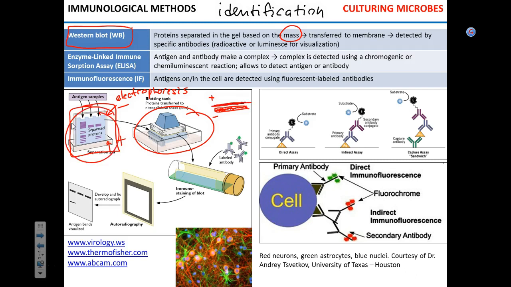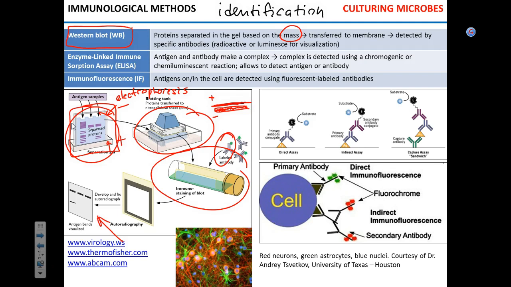Does that make sense? You place this membrane in the solution of labeled antibodies. These labeled antibodies will produce the light. Well, usually it's fluorescence or chemiluminescence. And once you're done incubating, you put that membrane next to the photographic film.